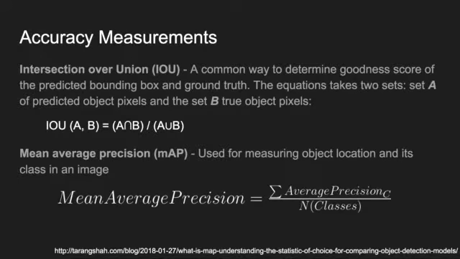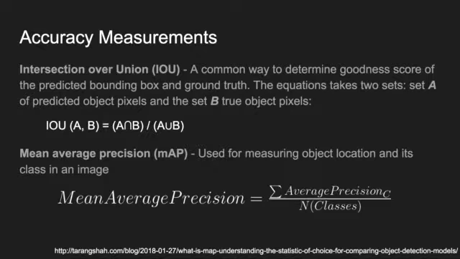So one way to measure the accuracy of the systems is intersection over union and mean average precision. The intersection over union takes a rectangular region for the predicted class, the location of it, and then it takes the ground truth.